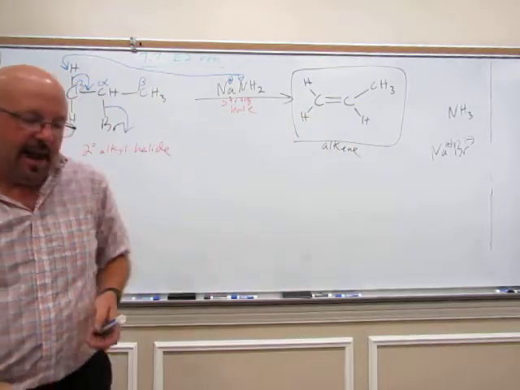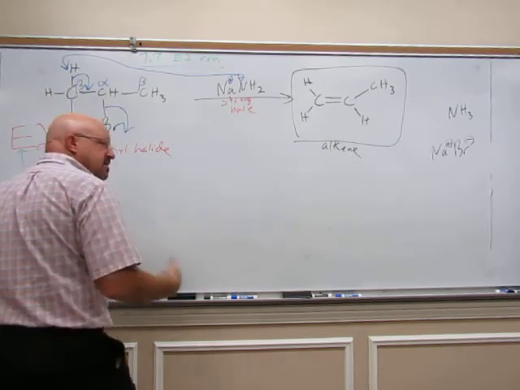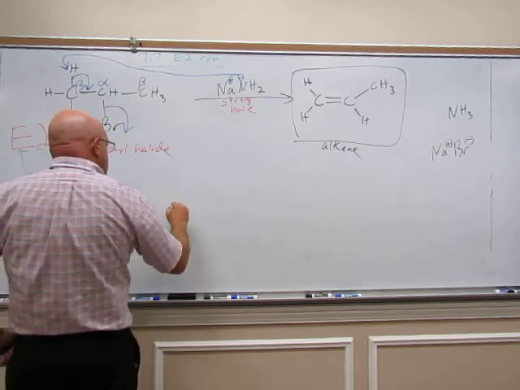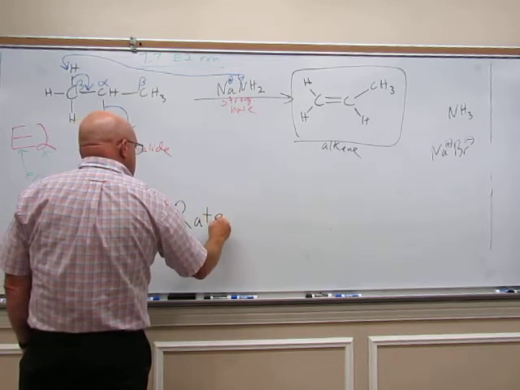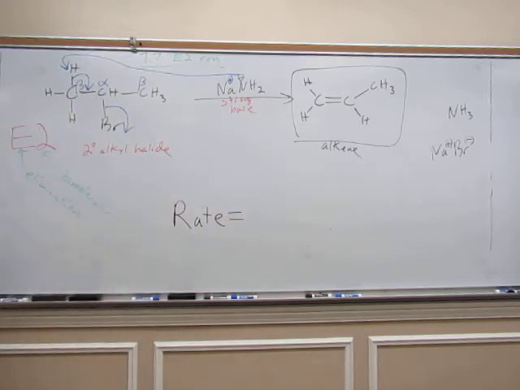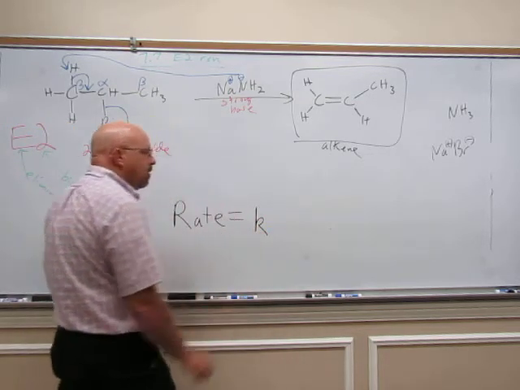Let's look at the kinetics of the reaction. Kinetics is talking about the rates of the reaction. Now I've got the full mechanism here on the board. If you recall, the rate of any reaction equals the rate constant of the slowest step.